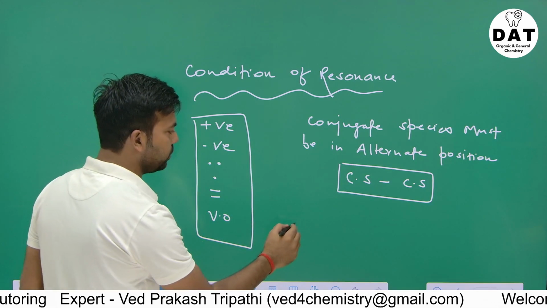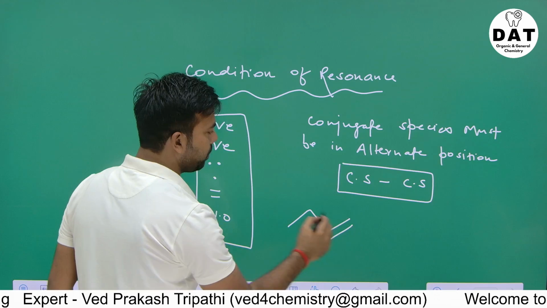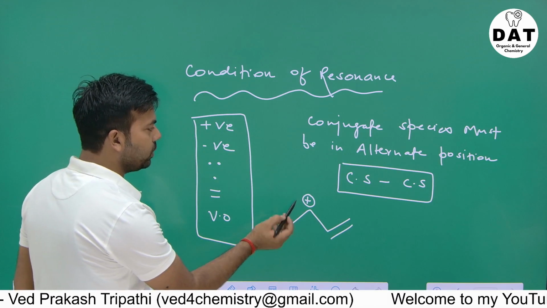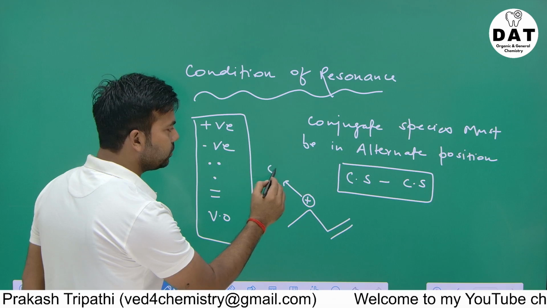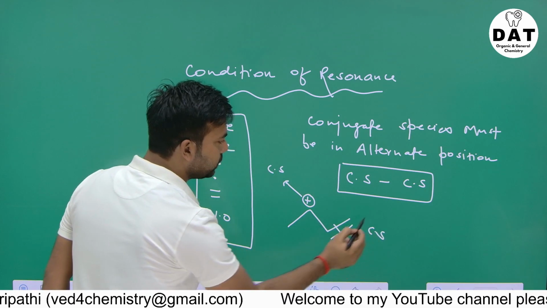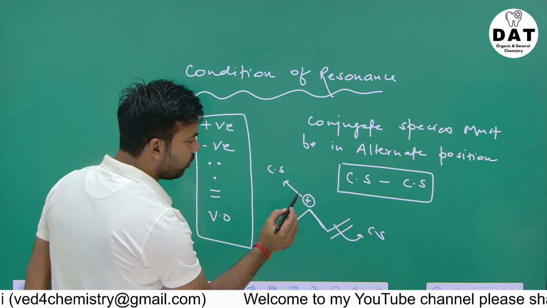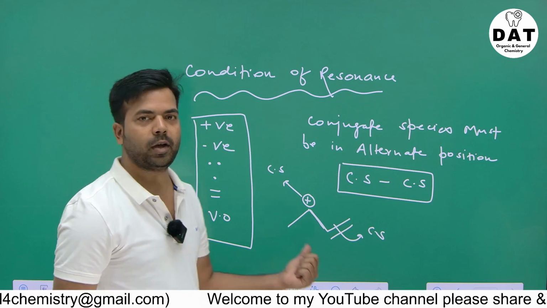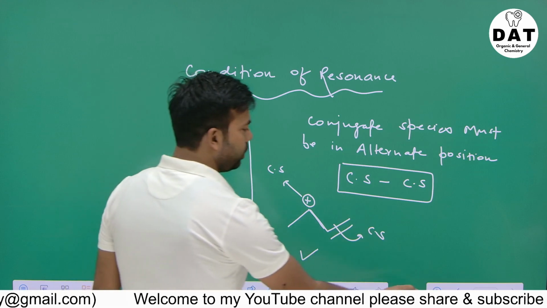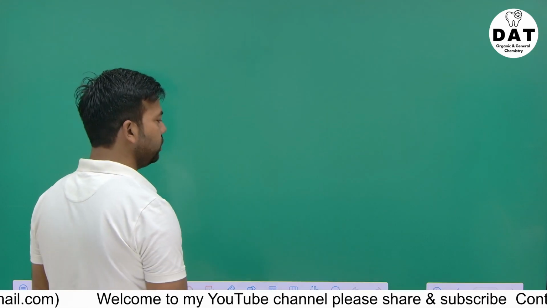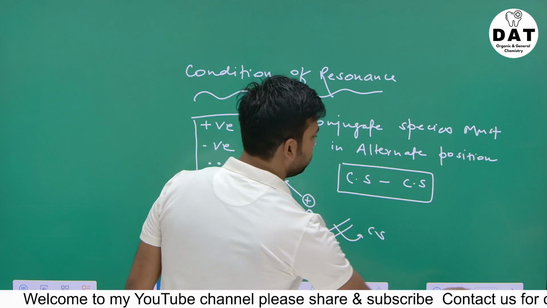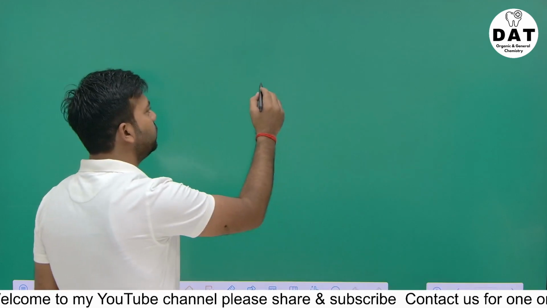Look at example. So as you can see, this positive charge is a conjugate species. This double bond is also a conjugate species. And here we have a single bond. So you can see it is separated by a single bond. It means it is in resonance. Another example. Suppose this one.